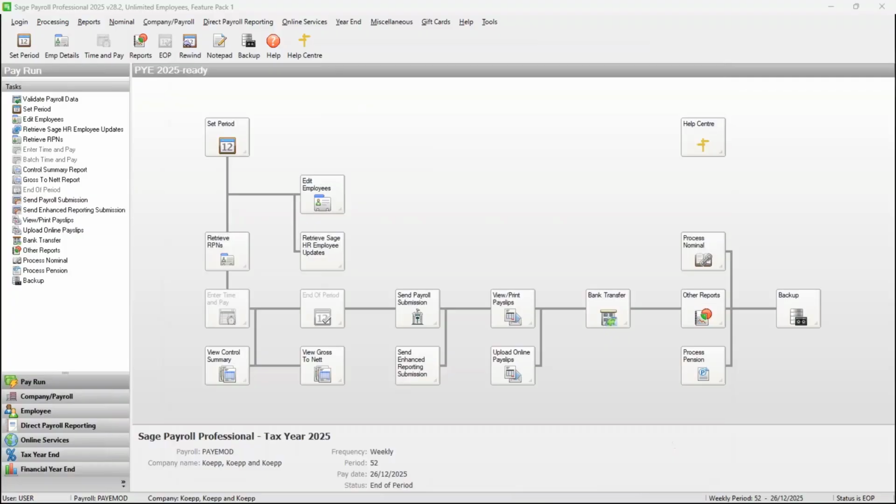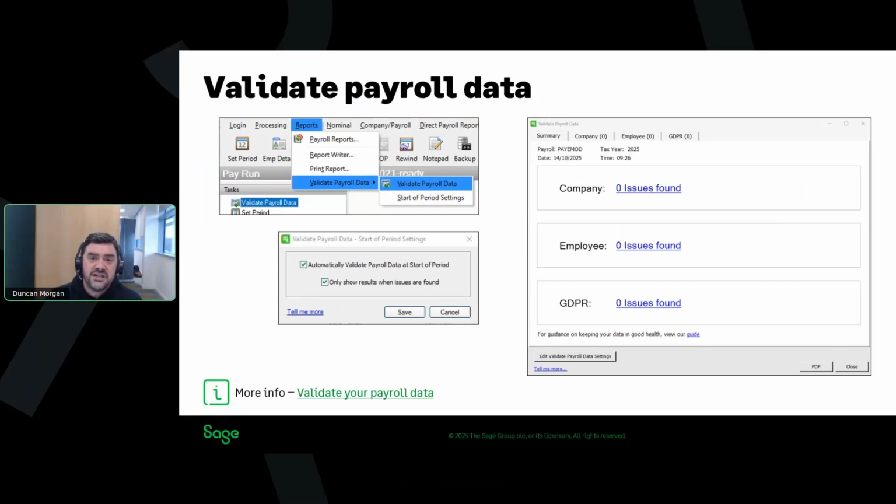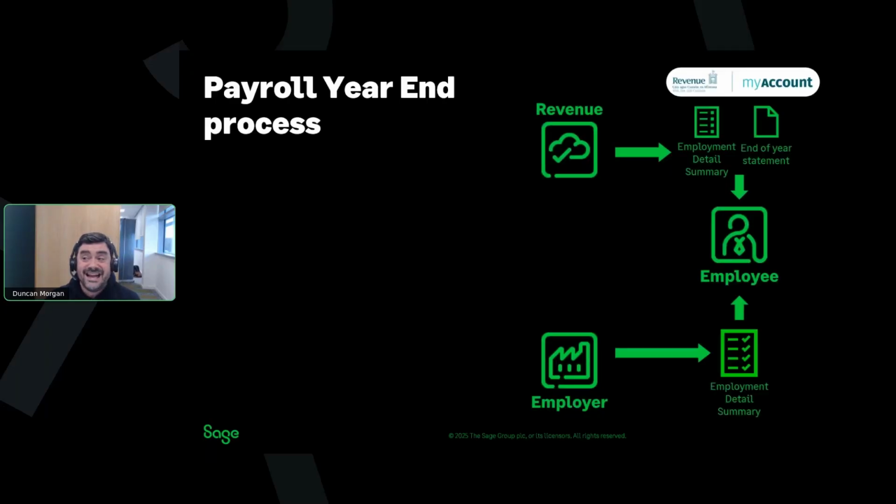So yeah, that's a little bit of housekeeping just to make sure everything is in order before you move on to the year-end process itself, which these days is really simple, as all of the hard work is now done by Revenue. So they will provide all official documentation in the form of employment detail summaries and an end-of-year statement.